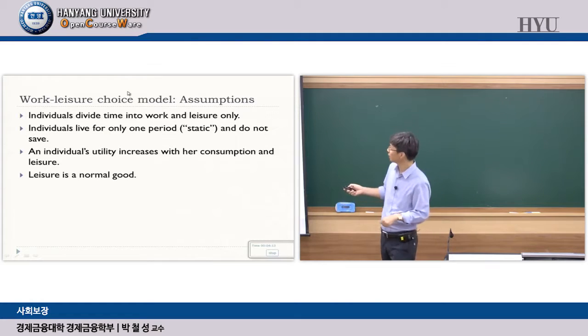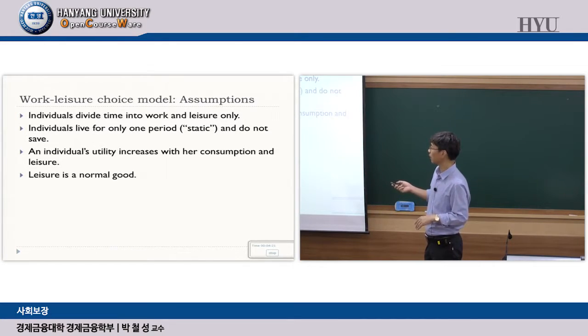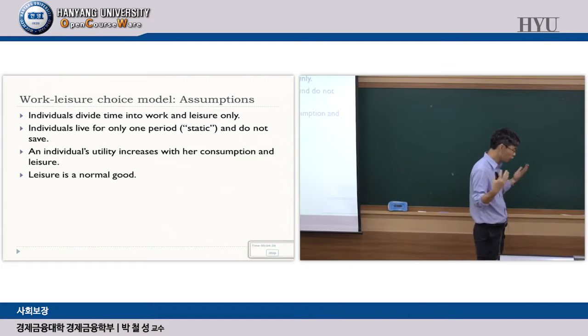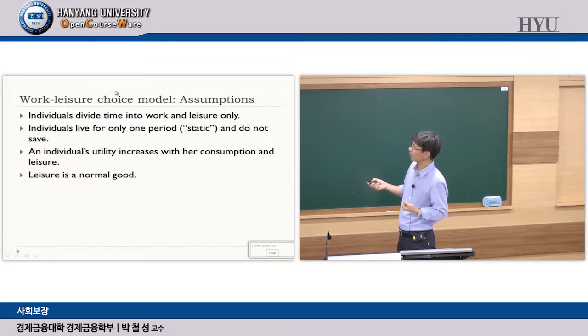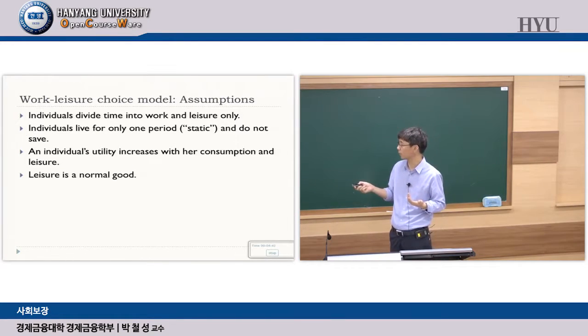So what affects utility? Utility is affected by two things. One is this person's consumption. This person should eat or consume something, so utility will increase with consumption. And the other, quite important, is leisure.